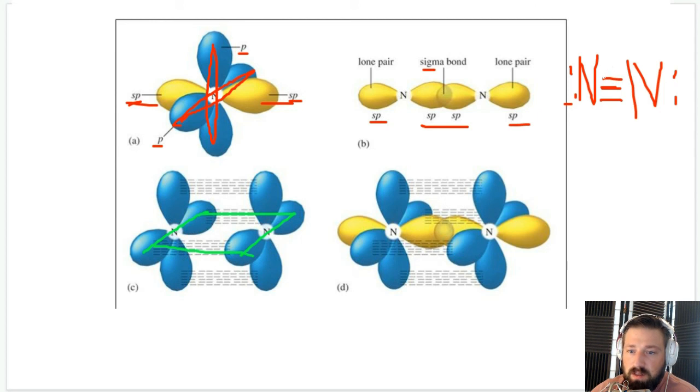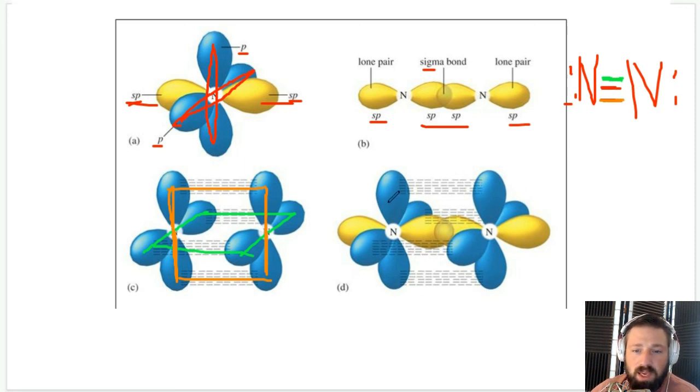So this bond is actually a pi bond. The second pi bond, I'm going to draw in orange, is this p orbital going up and down, this p orbital going up and down, and there's the pi bond. So this is our second pi bond.